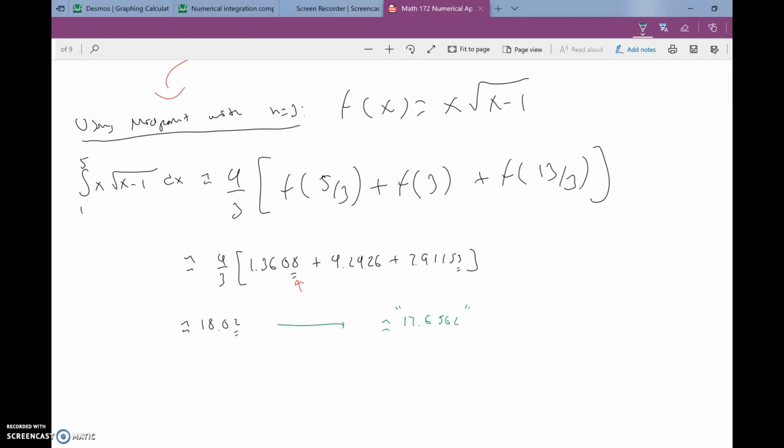Oh no, I have a typo. 1.3608 plus 4.2426 plus 7.91155. Okay, never mind, I had a typo. But my values do differ.